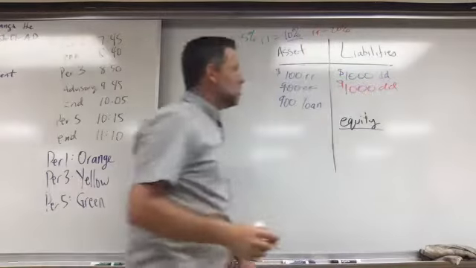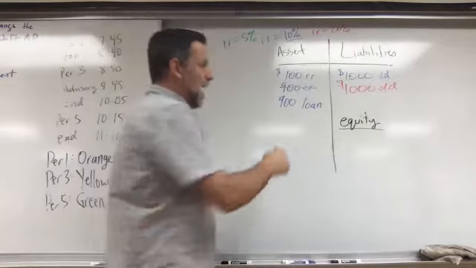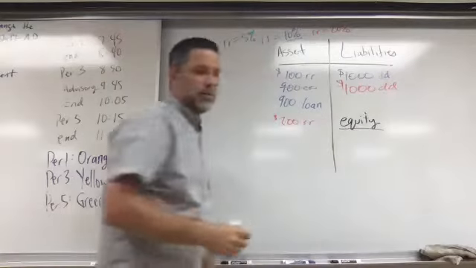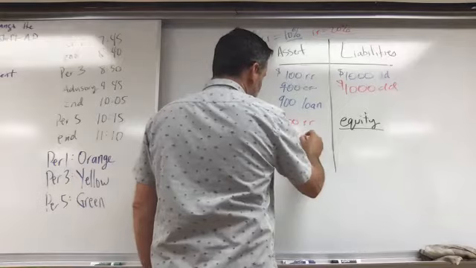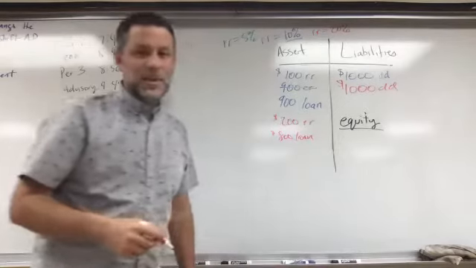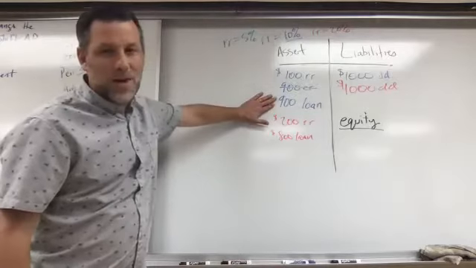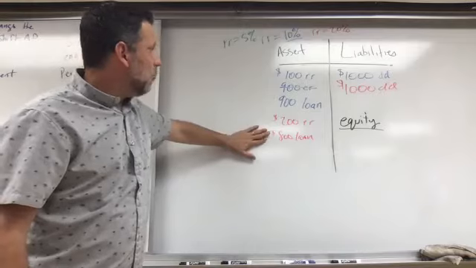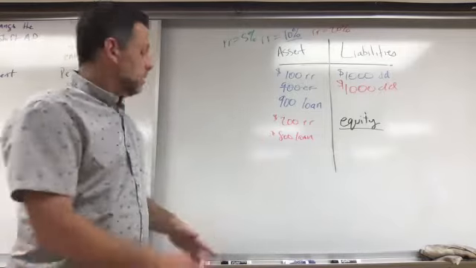Notice my liability side is the same, $1,000, but on the asset side, we get $200 of required reserves and then $800 that could potentially be loaned out. So notice that the blue bank, when the reserve requirement is 10%, can loan 900. The red bank, when the reserve requirement is 20%, can only loan 800.